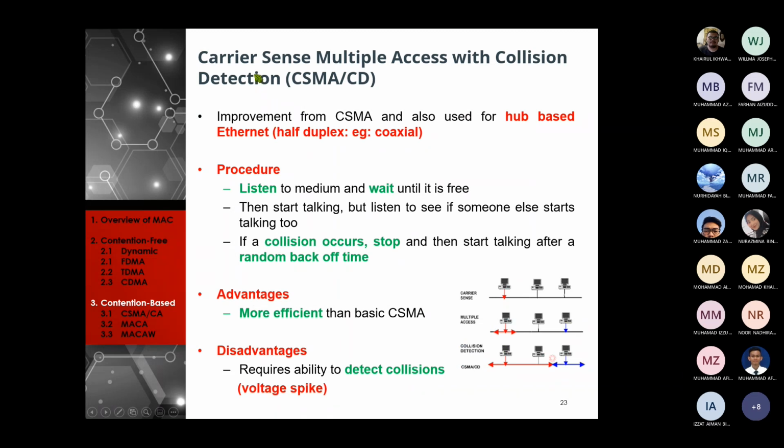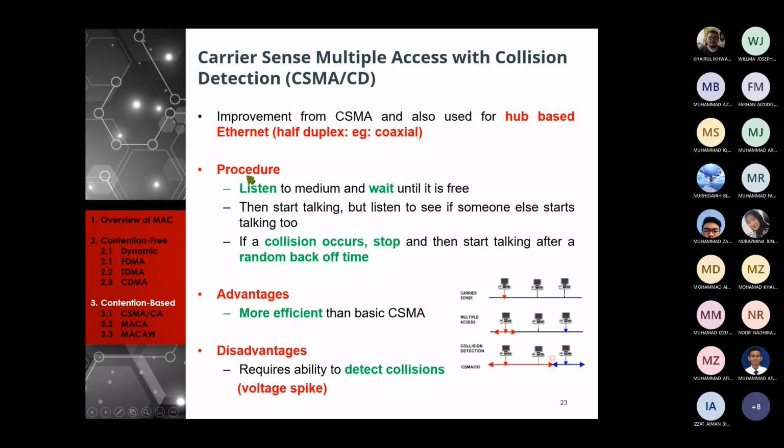So CSMACD improvement from CSMACA, CSMA, and also used for hub-based Ethernet half duplex, for example coaxial. CSMACD improvement from CSMACA. Okay, tertinggal sini.